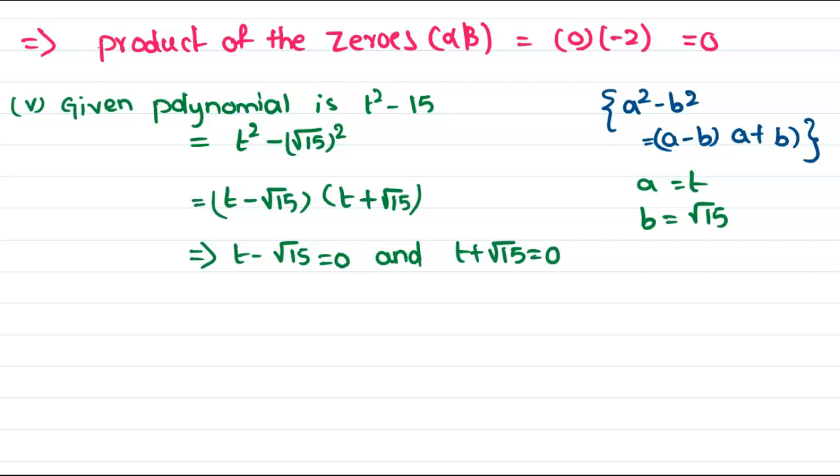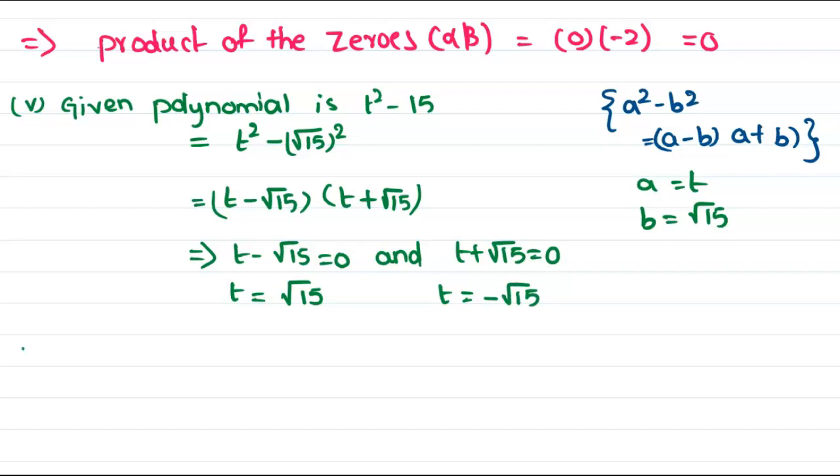So now here t is equal to plus root 15, after moving to the right side, and here plus root 15 became minus root 15 after moving to the right side, that is minus root 15.